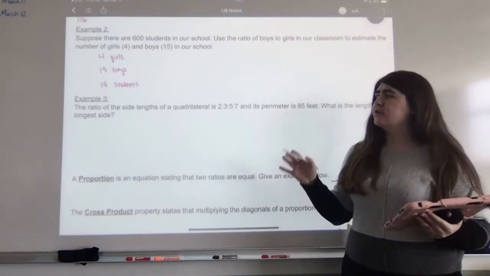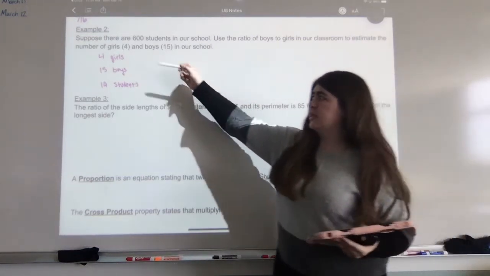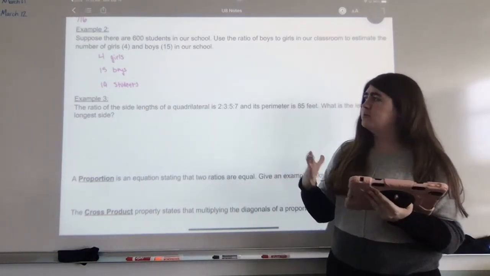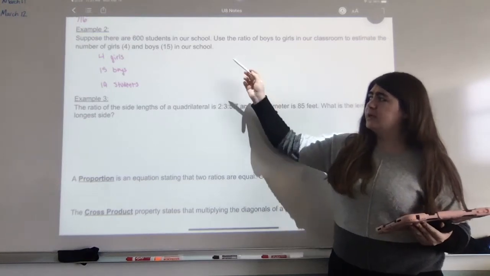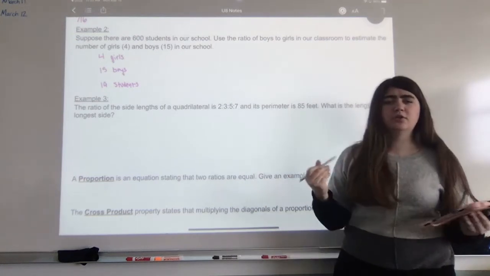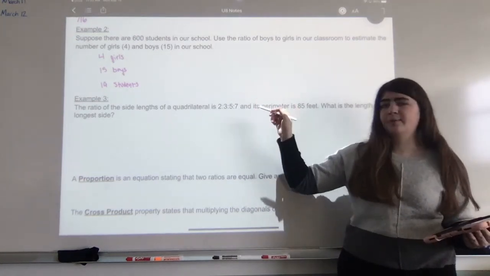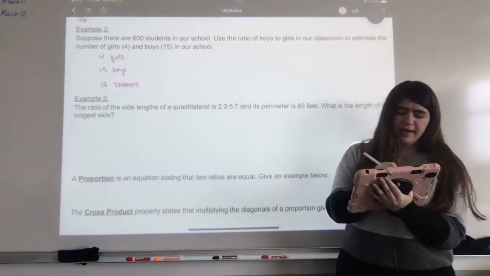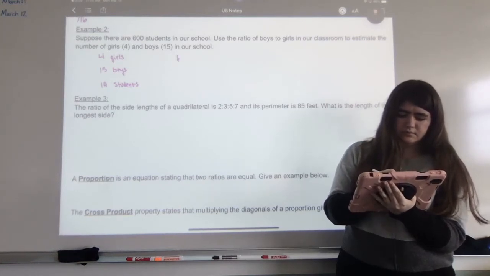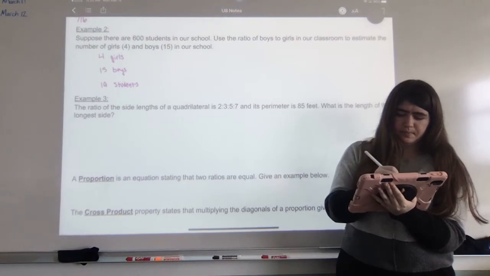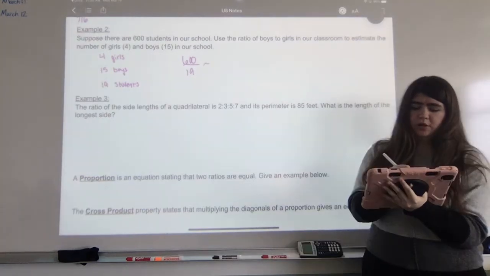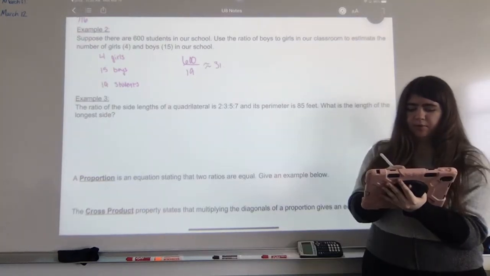In our class. So if I take the sum of these two things, 4 plus 15 is 19, and I find out how much we'd have to grow between our 19 students in our class and the 600 students in the school, we can use that to figure out how many girls and how many boys we would have. So I have 600 divided by 19, which is about 31.6.